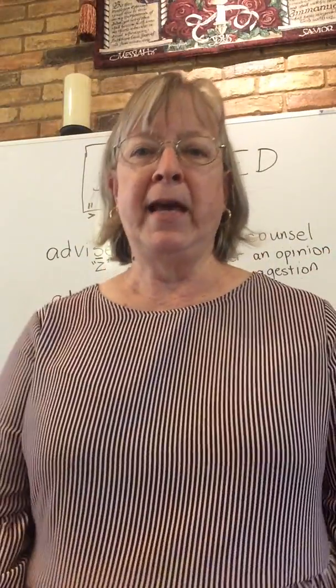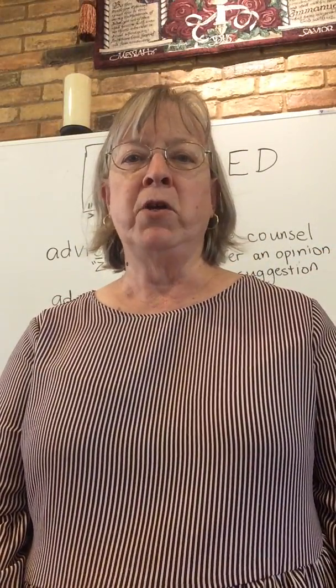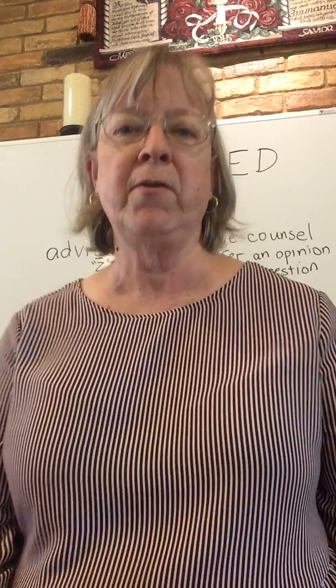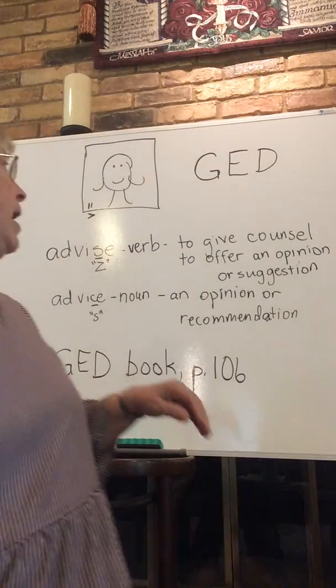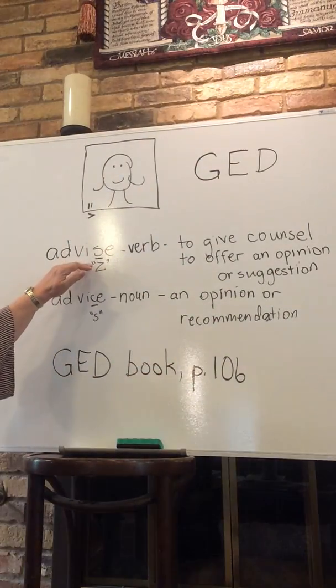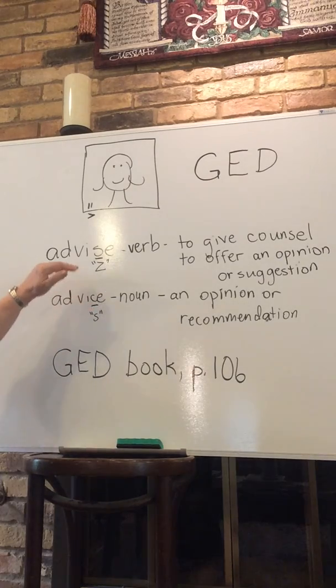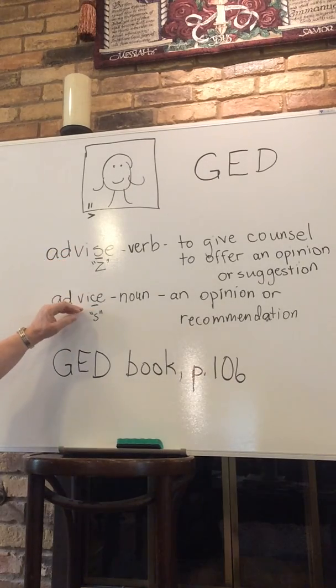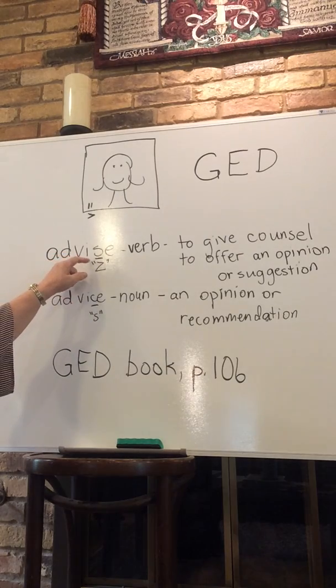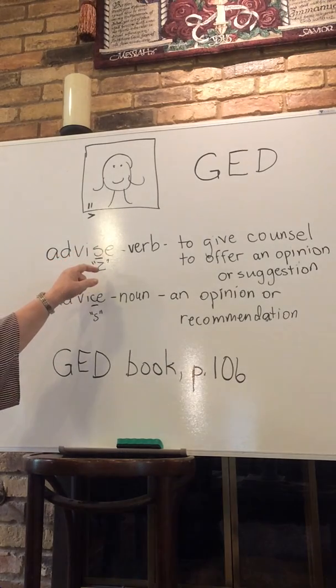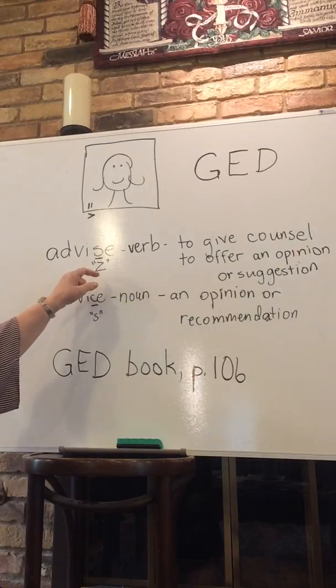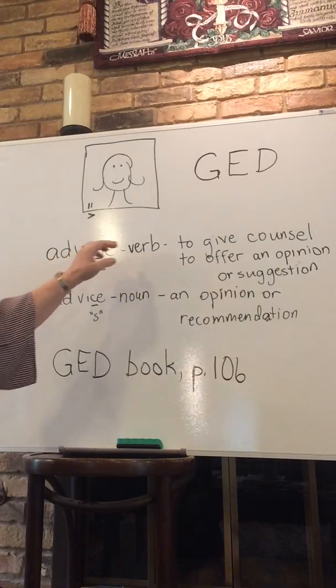Okay, today we're going to talk about two words that are very similar. Advice and advise. Advise and advice. Do you hear the difference in how we're saying them? Advise, the S makes the Z sound, zzz, advise. Advise is a verb.